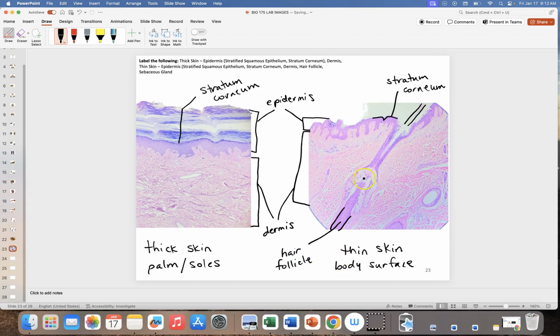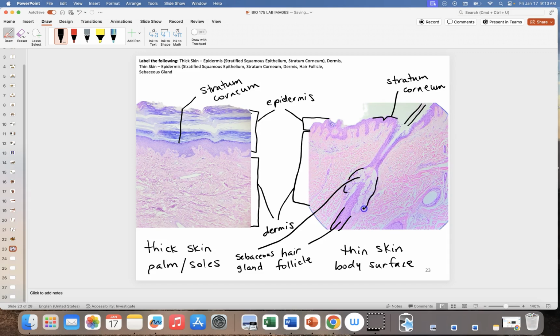And then associated with that hair follicle, here we can see glandular tissue. We can see these cuboidal cells that are distinctive of glandular tissue. This structure here is going to be our sebaceous gland. I'll draw an arrow down here where I have a little more room, and then outline it for us.